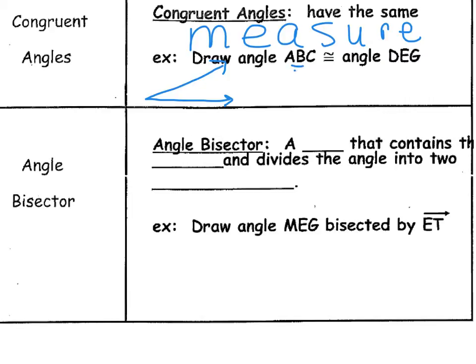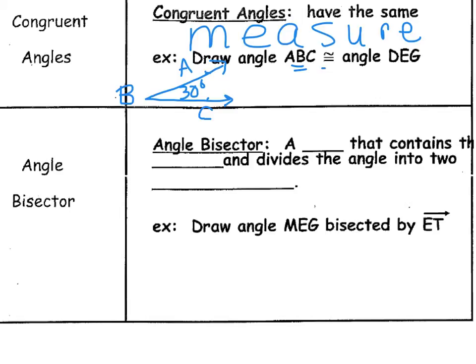The vertex is B, so we're going to put a B over here. One ray is BA, and the other side is BC. That looks like about a 30-degree angle. Congruent to angle DEG.